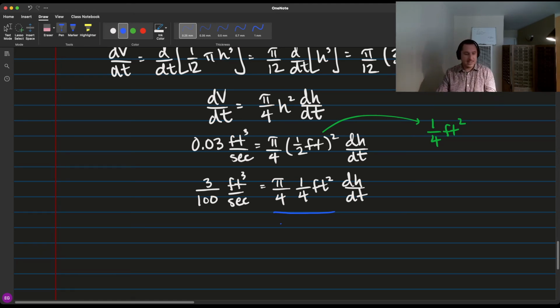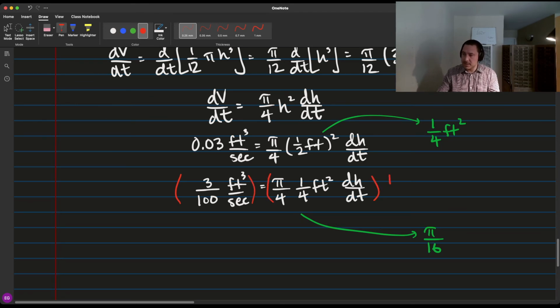Okay, to solve for dh dt, I need to divide both sides by pi over 16. Right? This whole thing here becomes pi over 16. So instead of dividing by pi over 16, let's multiply both sides by the reciprocal to get it to cancel. So we're going to multiply by 16 over pi, 1 over foot squared.